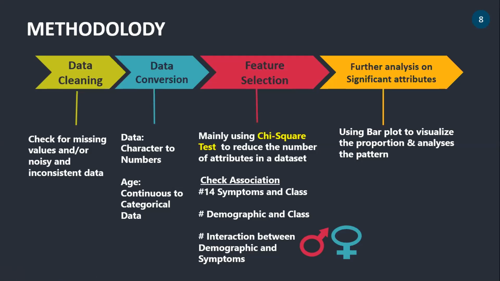And lastly we check the interaction between the demographics, age and gender, and the symptoms. For further analysis on the significant attributes, we use a bar plot to visualize the proportion and analyze the pattern.